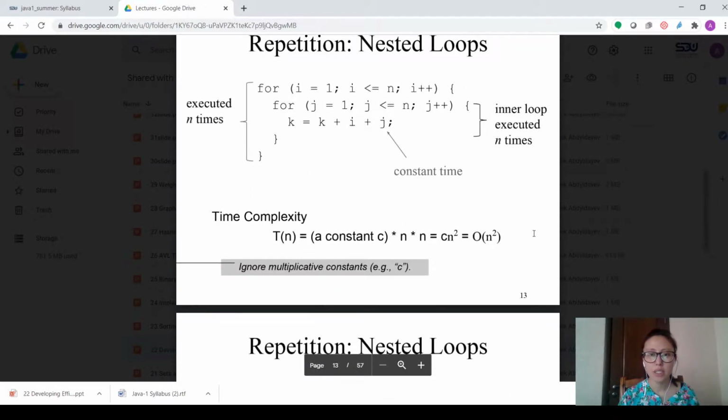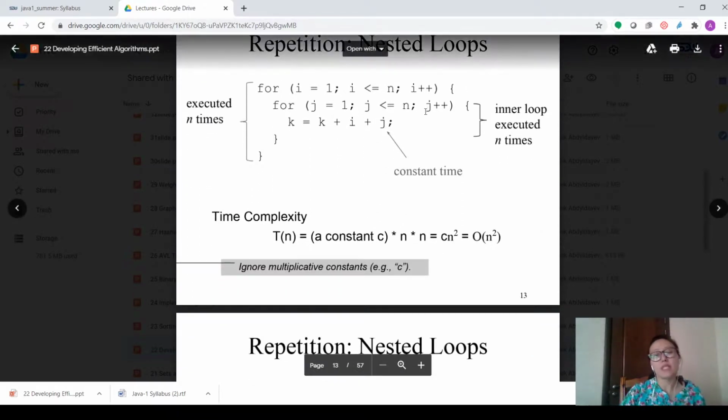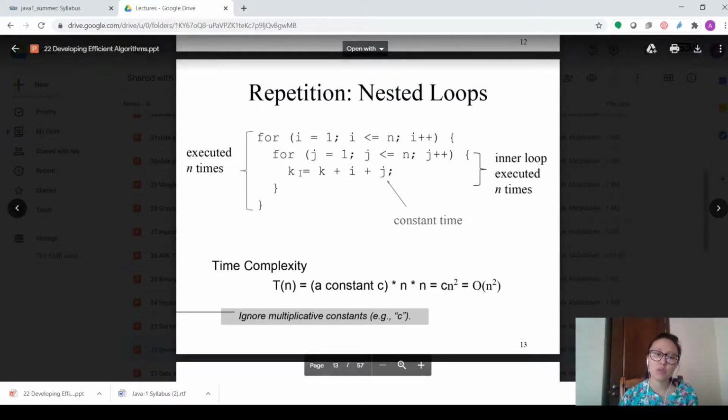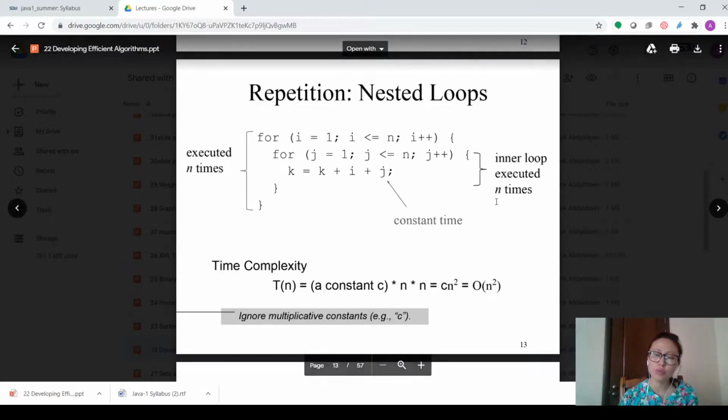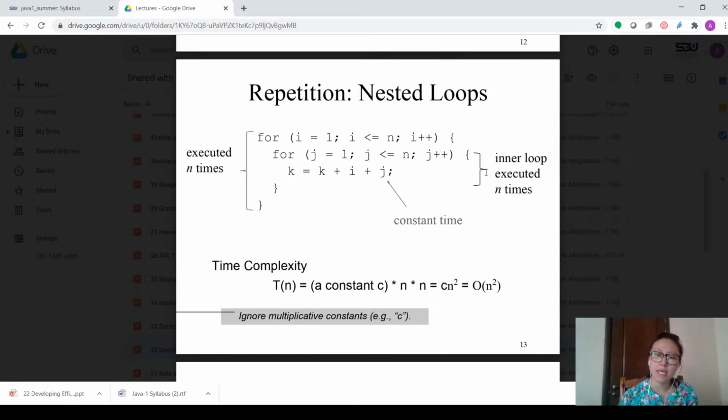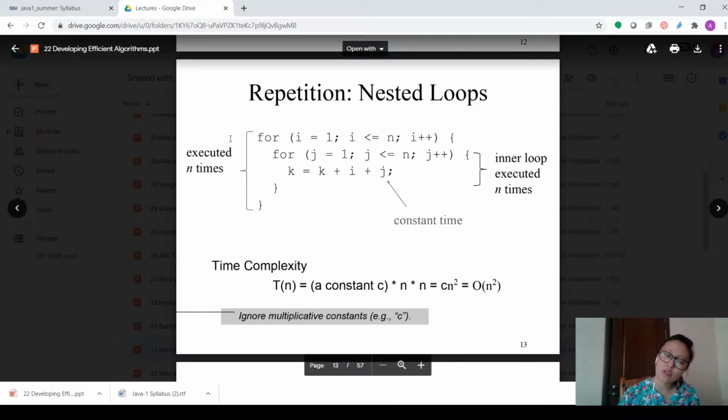Next example is nested loop. As you could see here, we have some constant time for execution of this expression, and for executing the inner loop, we will execute it n times, and for the outer loop also we will execute n times, and the execution of the inner loop will be done as many times as the execution of the outer loop.